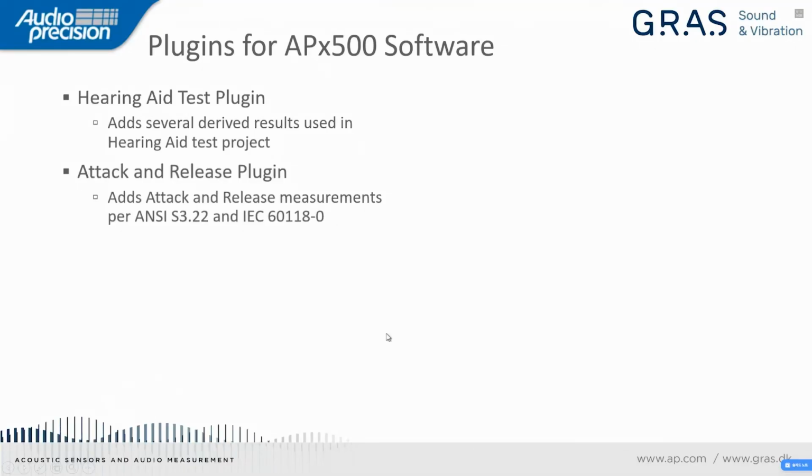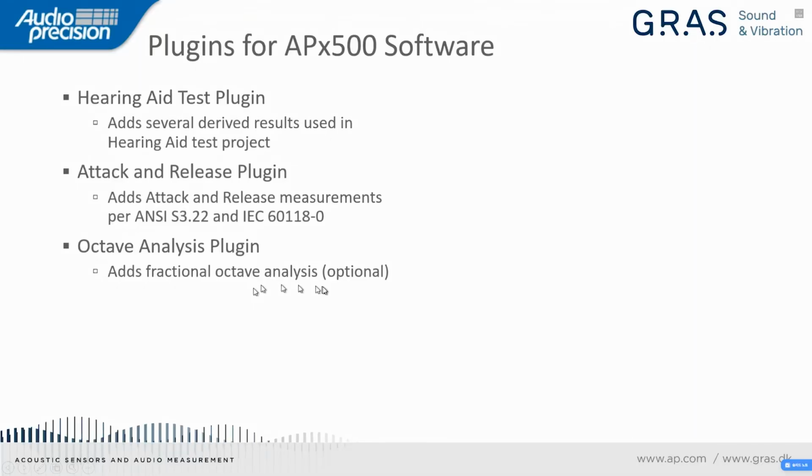It adds attack and release measurements per ANSI S3.22 and IEC 60118 part 0. And then optionally, we have an octave analysis plugin that adds fractional octave analysis in case you want to do those measurements. Those aren't required by the standard, but I think I have one built into the project file we're going to do today. And as I mentioned, these are free downloads at ap.com, our website.